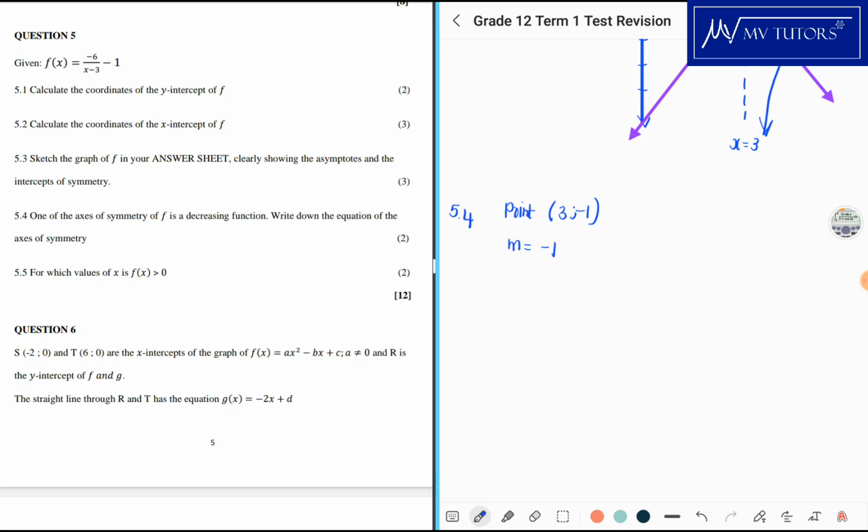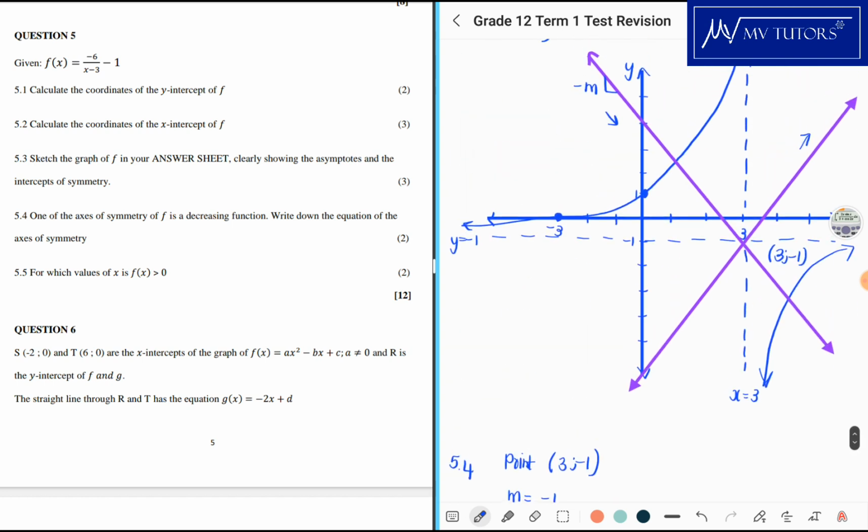Now it's very easy to get the equation of that line. We have y is equal to mx plus c. In the place of y, we have -1. In the place of m, we have -1. In the place of x, we have 3. We're just trying to solve for c in this case. So we have -1 plus 3, so c is 2.